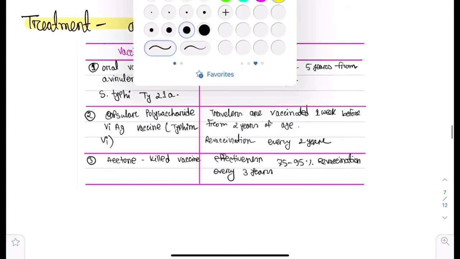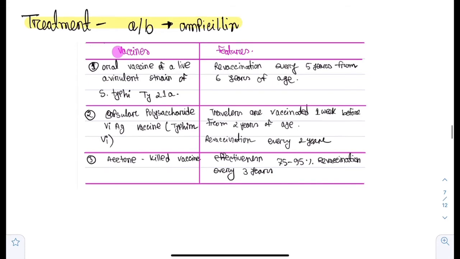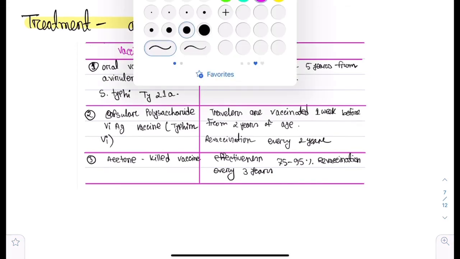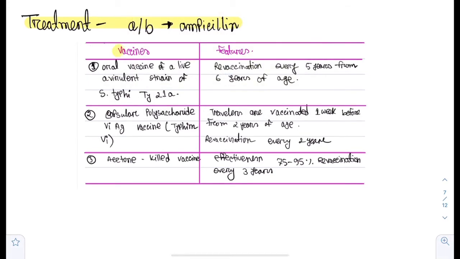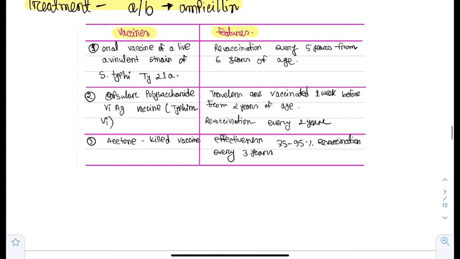So it's not a pandemic kind of bacteria, so there are no specific vaccines that it's obvious to take. So there is no obvious reason for taking the vaccine.